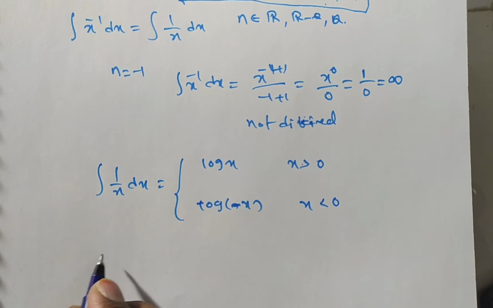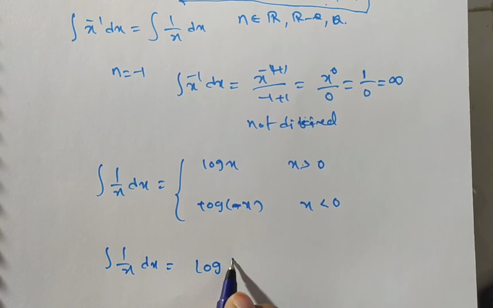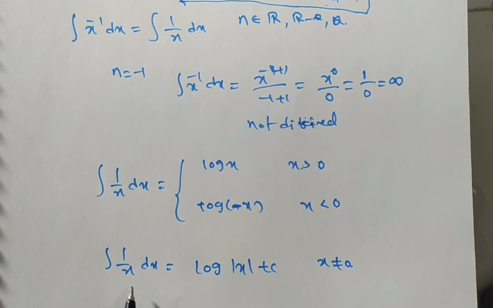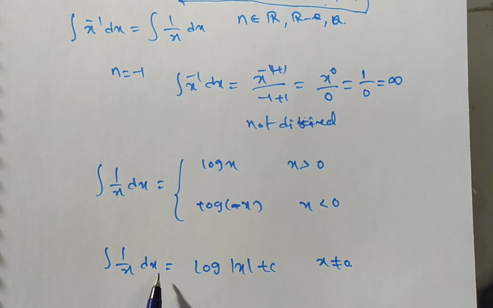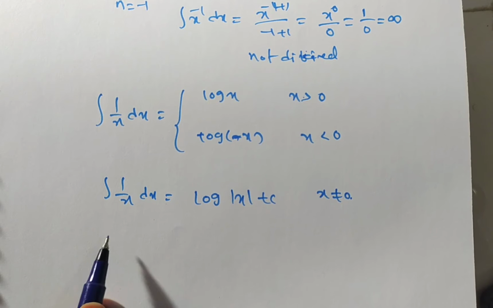Or simply you can say the integral of 1 by x dx is equal to log mod x plus c, where x is not equal to 0. Friends, if x is 0, what will happen? 1 by 0 is infinite, so the function is not defined. That is the reason x is not equal to 0, and if it is in 1 by x form, then we can apply it.